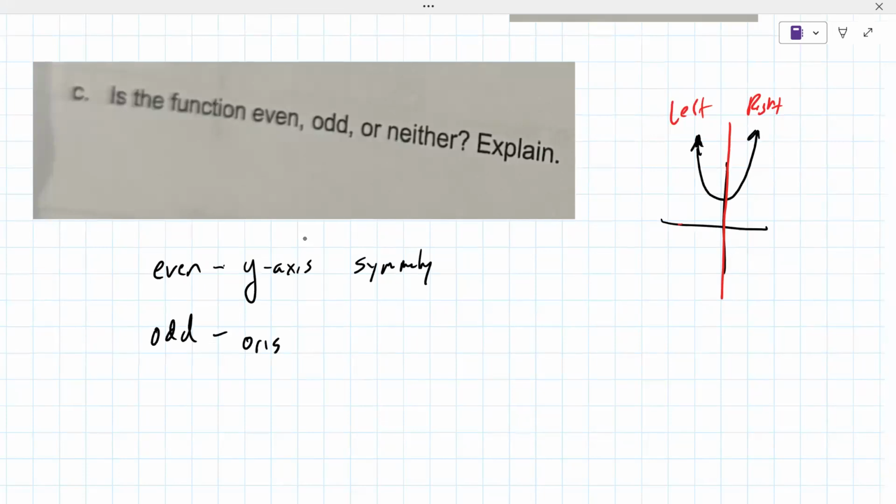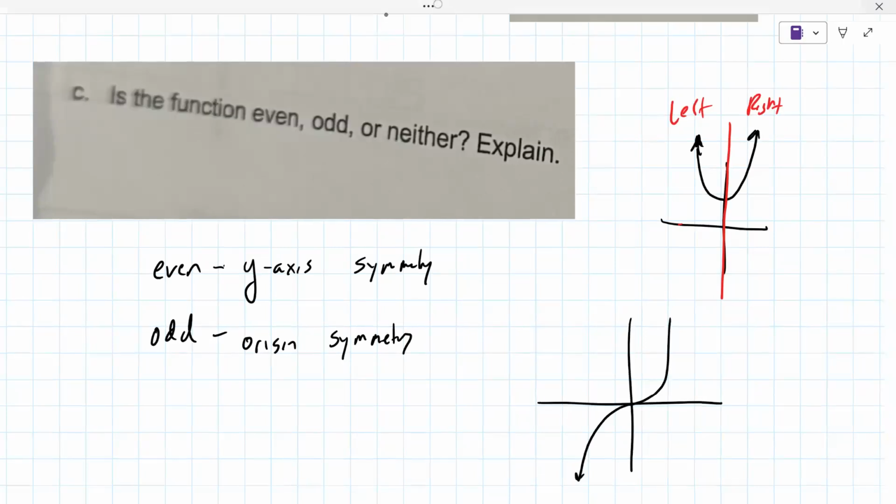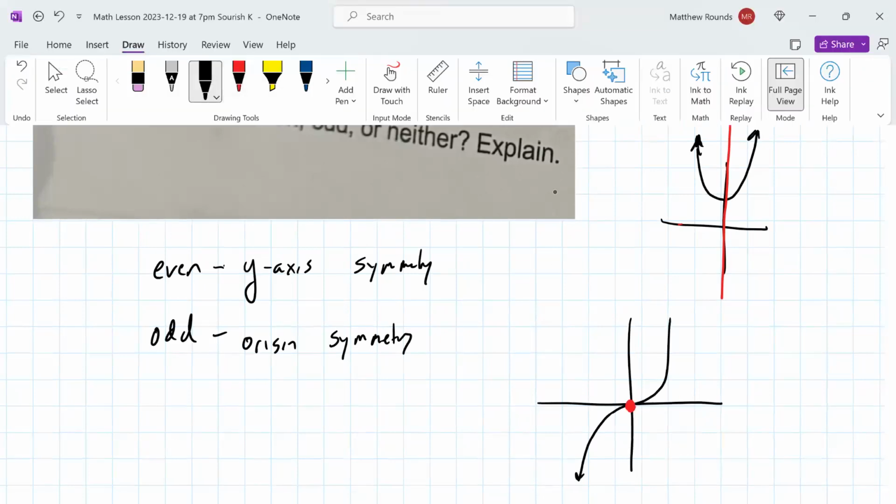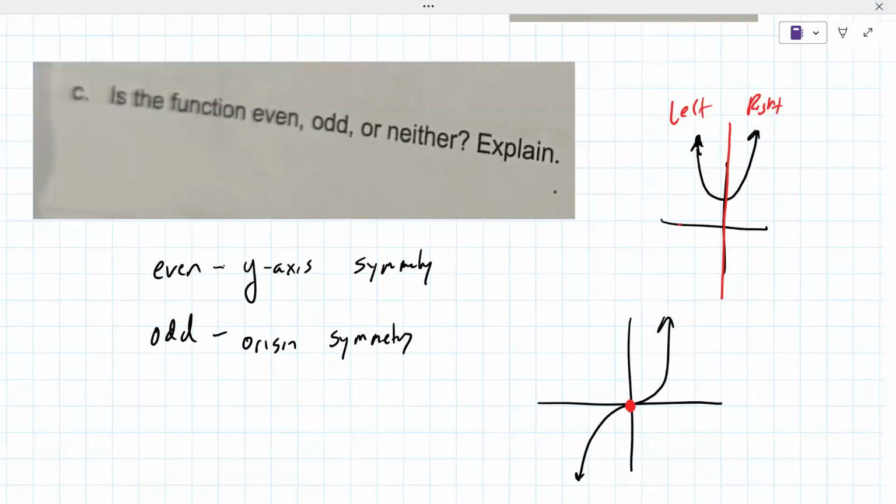Odd is if it has origin symmetry. So it would look something like this. Okay. So imagine you were to rotate about that point. Would the graph look the same? It would.